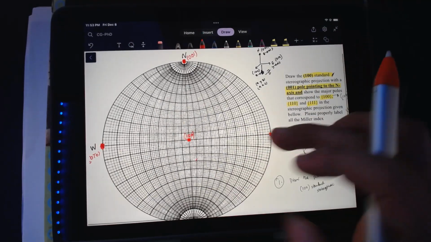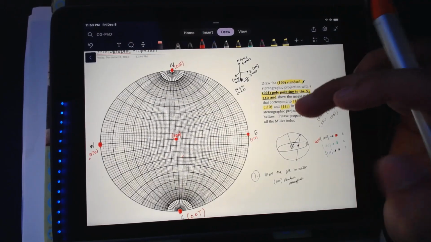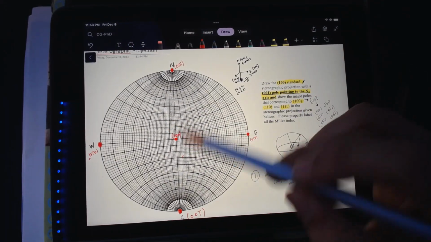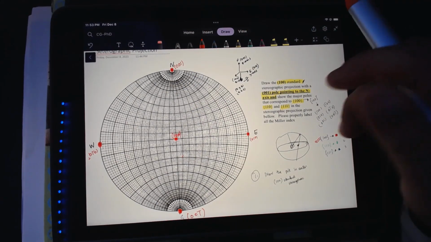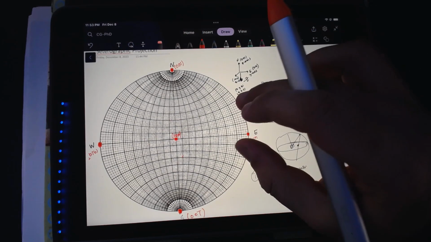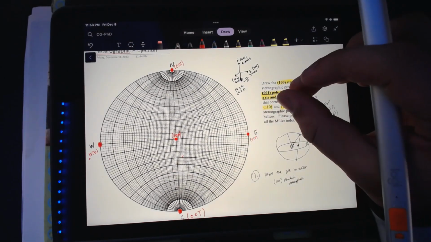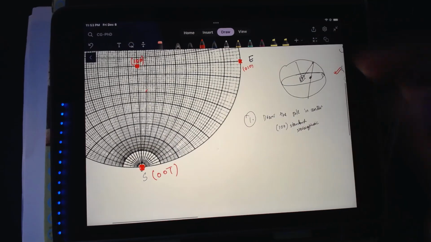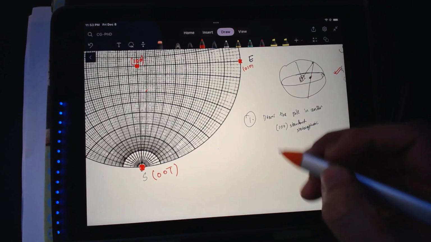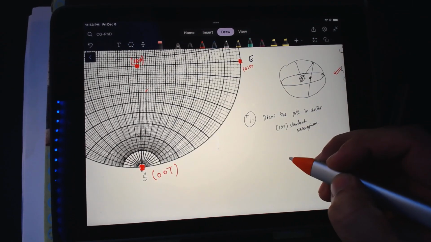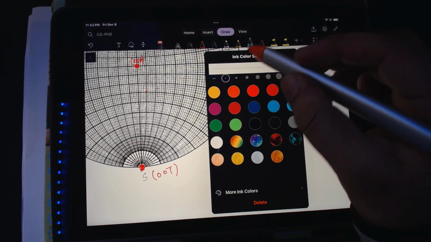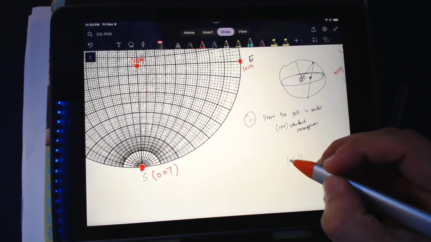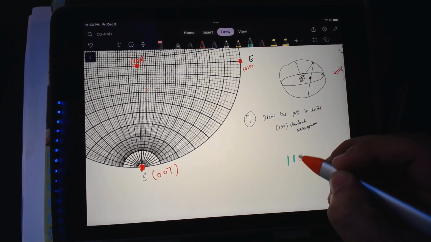And now what we can do is use some form of intersection to draw the rest of the poles. So let's move on to the second family, which is the 110 family. The way you can draw that is think about intersections. So we have 110.